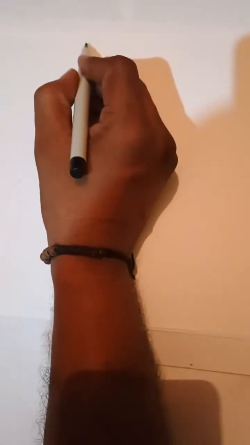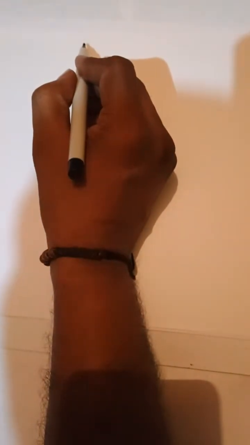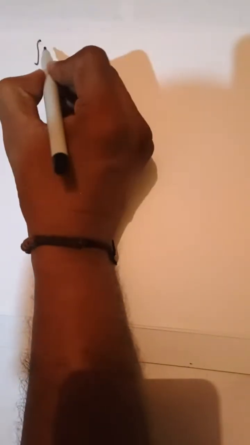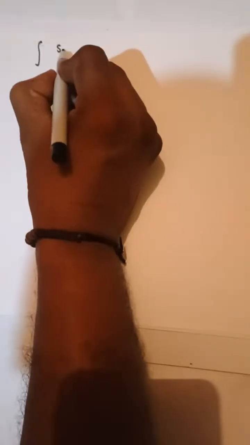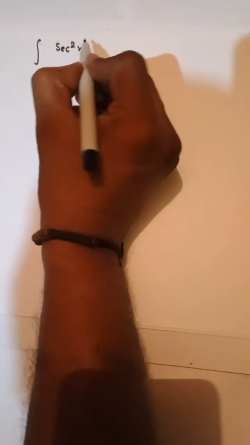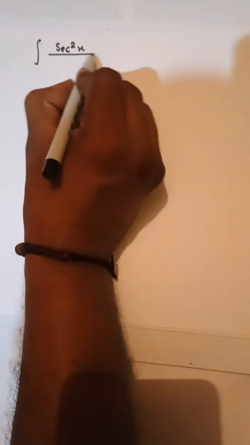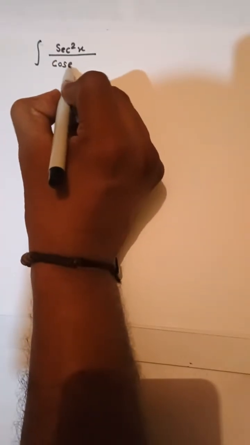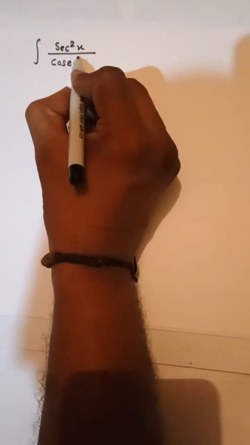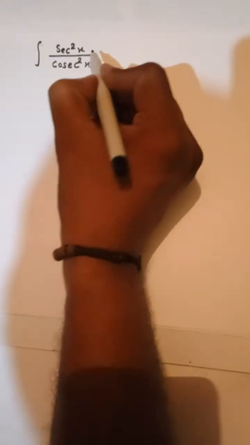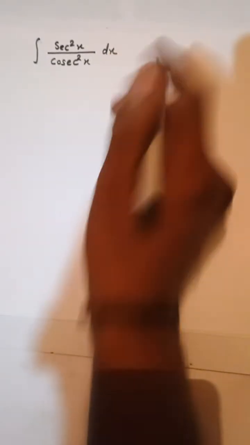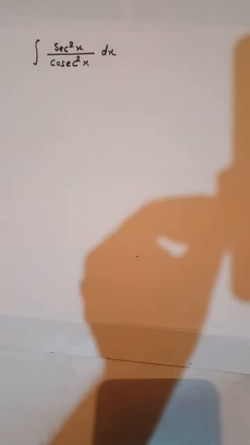First, we have one question. Integration of a trigonometric function I'm just going to do here. Suppose we have one question, that is integration of sec square x divided by cosec square x into dx.